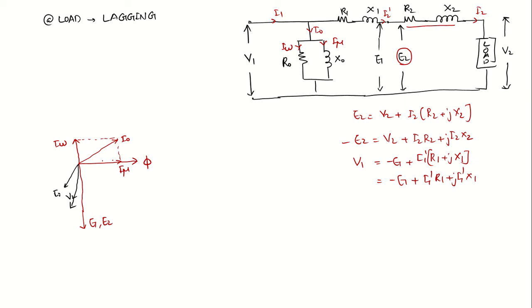This is I2. Now E2 is equal to V2 plus I2 R2. അപ്പോൾ I2 R2 എന്ന് പറയുന്നത് I2ന് ഇൻ ഫേസ് ആയിട്ട് വരണം.